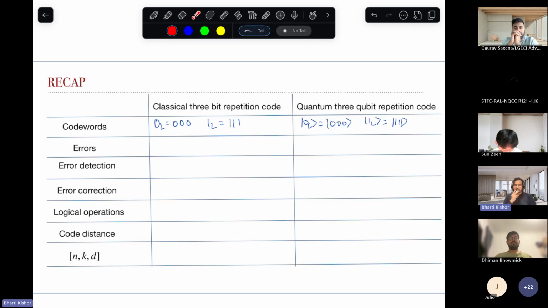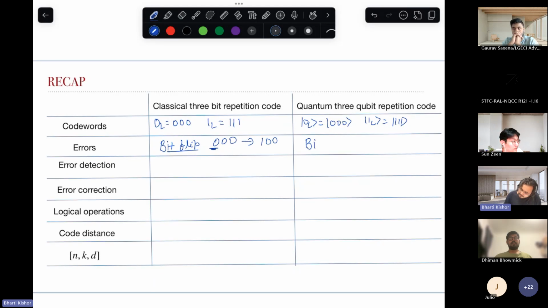Then we talked about errors. Here we had bit flip error: let's say you start with 000 and this bit flips, so it was 100, for example. But in the quantum case, you had bit flip as well as phase flip, so quantum is a bit different.